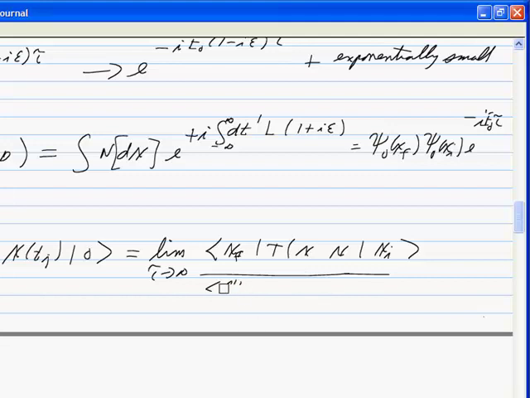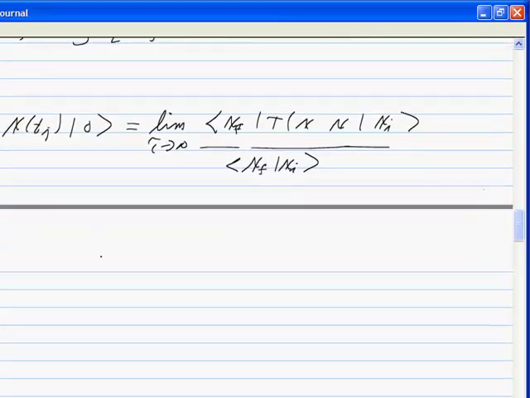So I just divide out x f xi. And what we've done is we've derived the path integral representation for that.